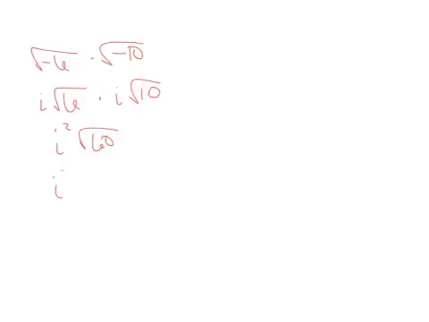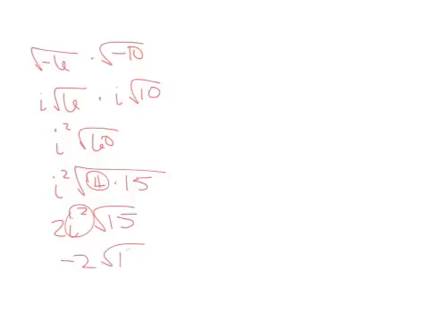And the square root of 60 can be reduced to the square root of 4 times 15. The square root of 4 is 2, so I'll pull that out. i squared, we said, is negative 1. And we get that for an answer.